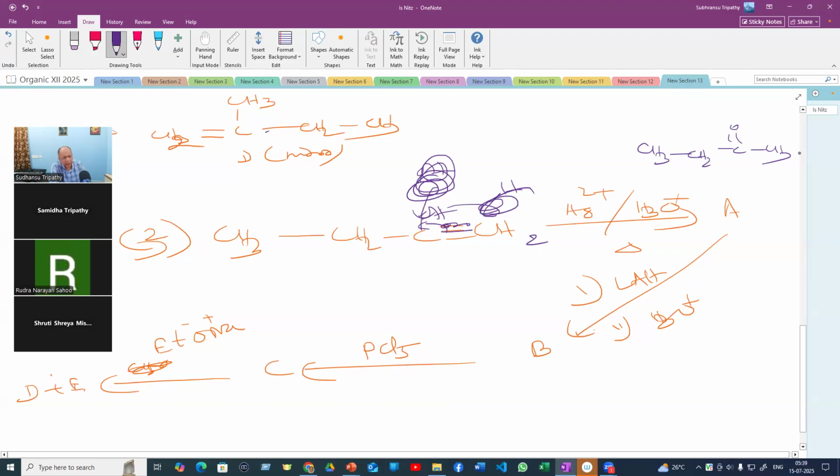If you take a bulky hydride like Sia2BH, disiamyl borane, and do the hydroboration oxidation process on a terminal alkyne, instead of getting a ketone, you get an aldehyde because the steric hindrance will not allow BH3. This will not be BH3.